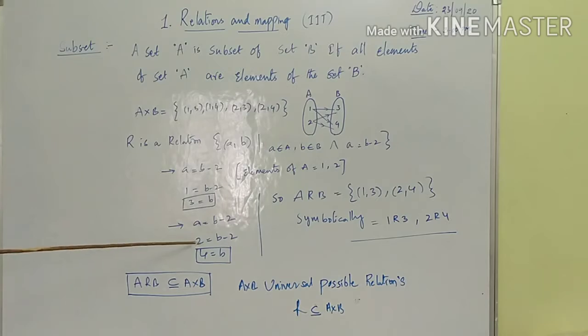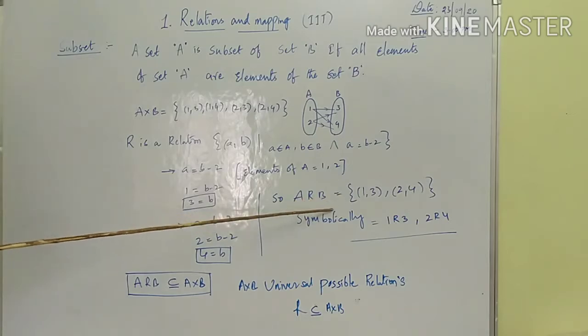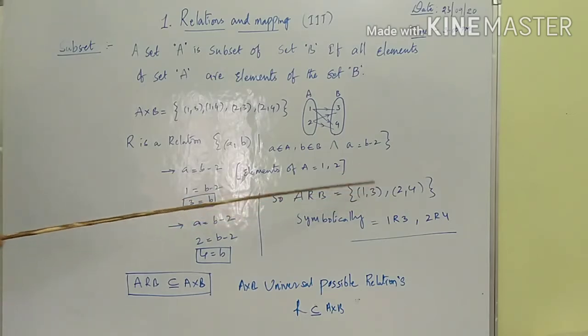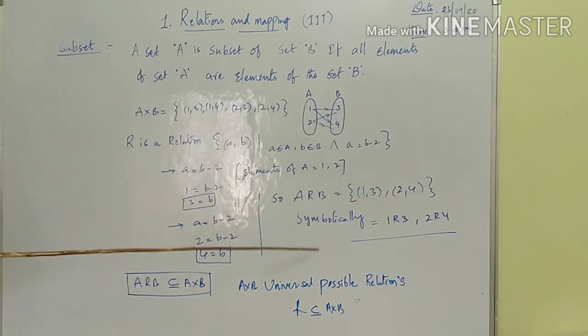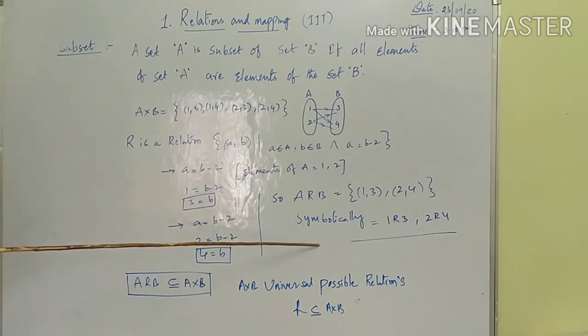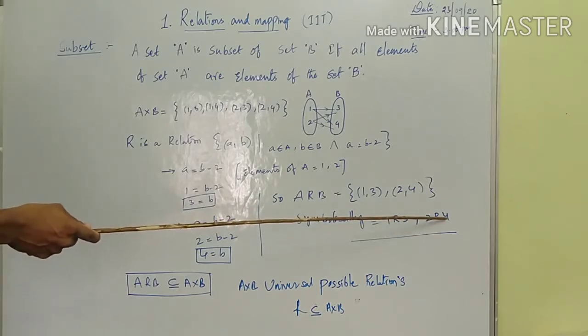So all ordered pairs where a is related to b are (1, 3) and (2, 4). Symbolically, we can represent it as 1 is related to 3 and 2 is related to 4.